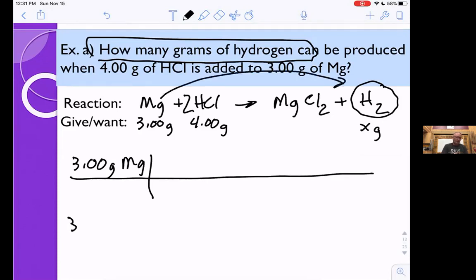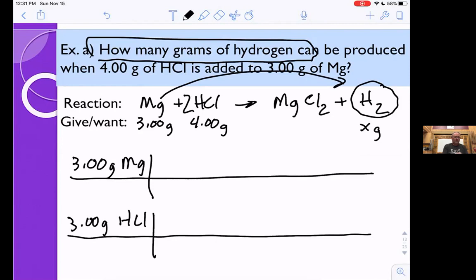And then you're going to take your 4.00 grams of hydrochloric acid and change that as well to hydrogen gas, and see which one produces less. So why don't you hit pause, go ahead and do it. It's just two mass calculations. You'll need the molar mass of magnesium and hydrochloric acid as well as hydrogen. Okay, give it a shot.